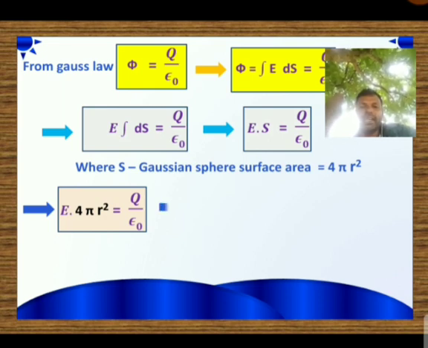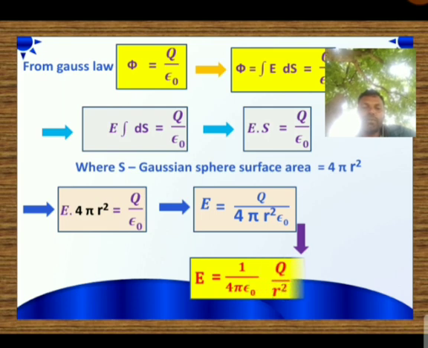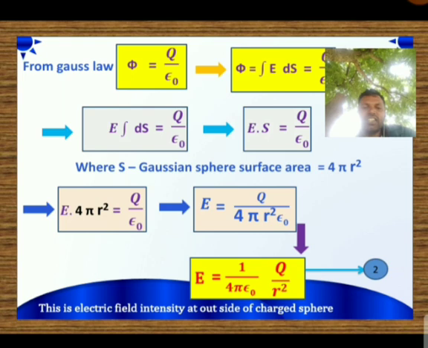Right? Again simplify this one. Bring 4 pi r square to this side. E is equal to q by 4 pi r square epsilon naught. Now just rearrange this: E is equal to 1 by 4 pi epsilon naught q by r square. This is the electric field intensity due to a charged sphere outside the sphere.